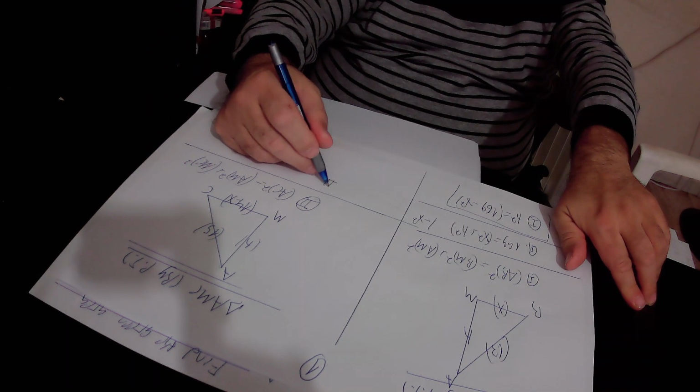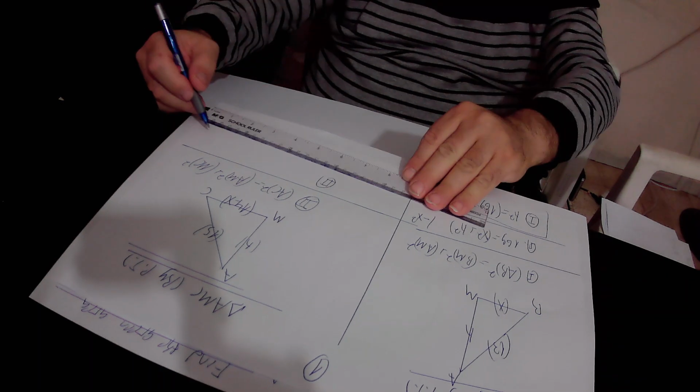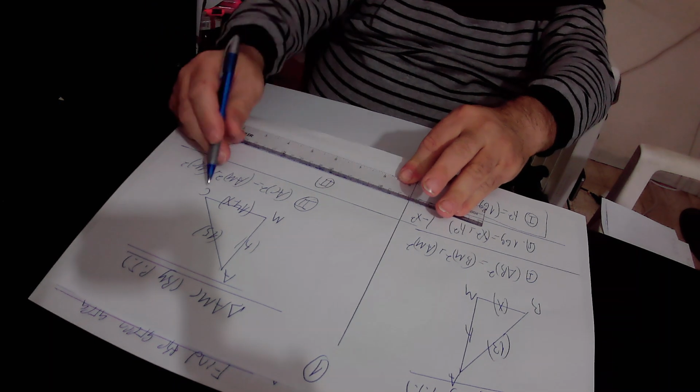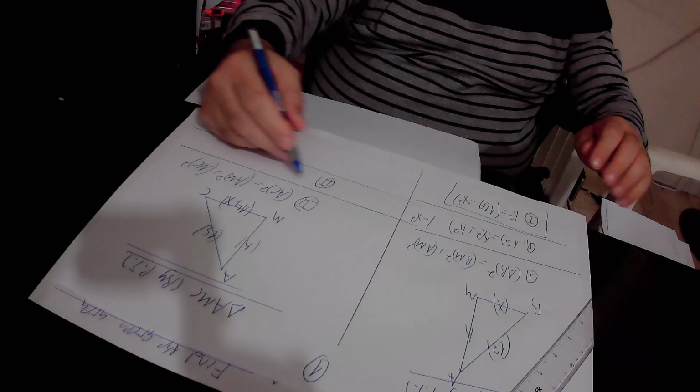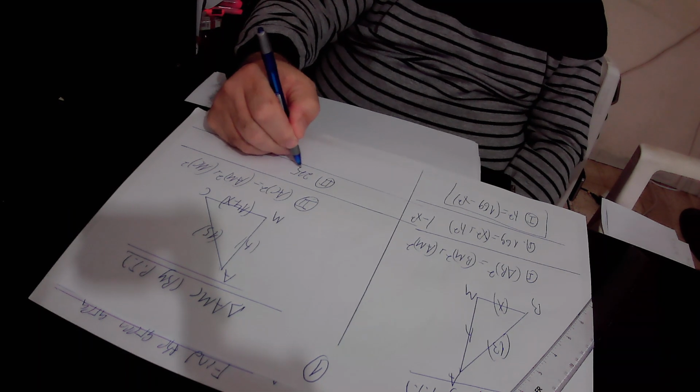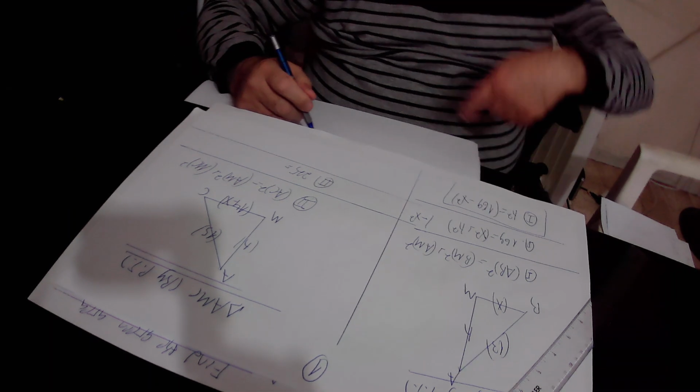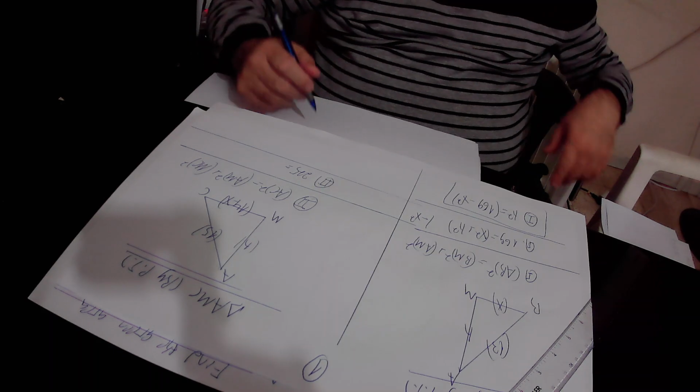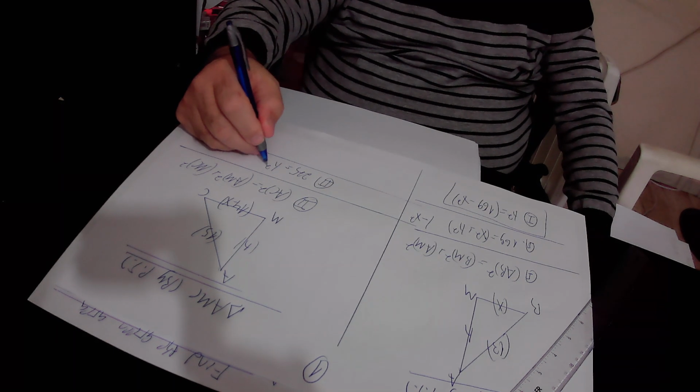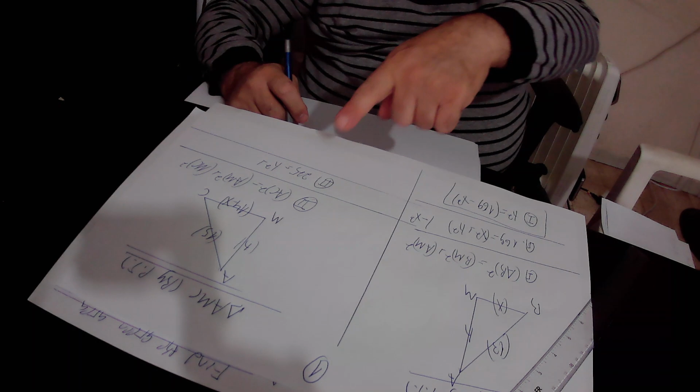So AC is 15, therefore AC squared is 15 squared, that is 225. And it equals AM squared. AM is h, therefore AM squared is h squared, plus MC squared.